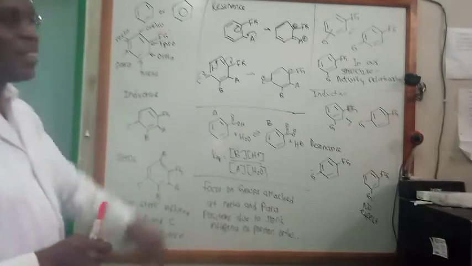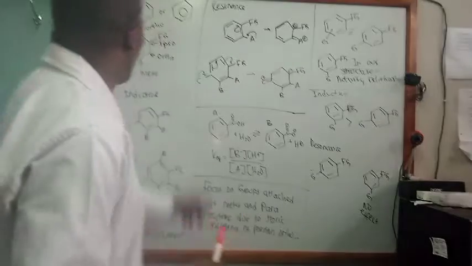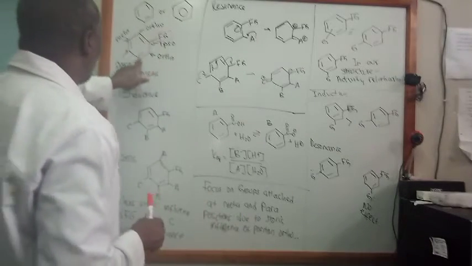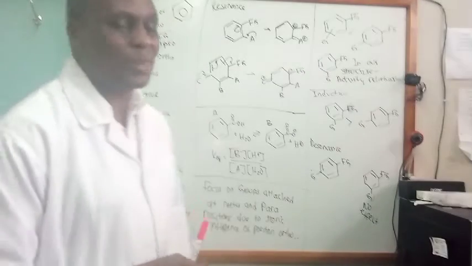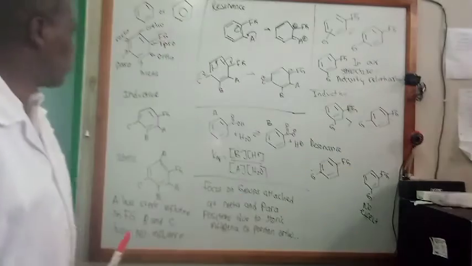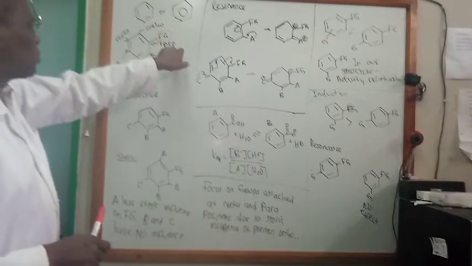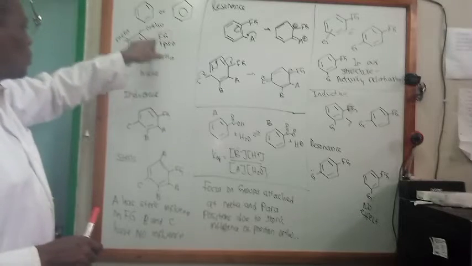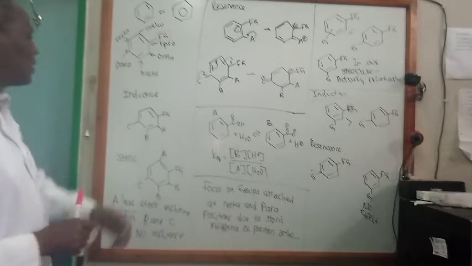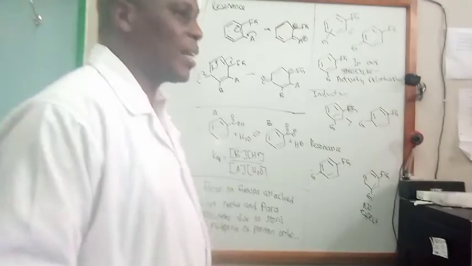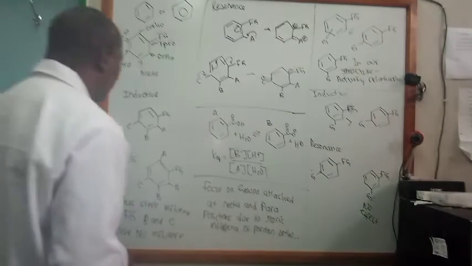And then there is one para position, which is four carbon atoms away: one, two, three, four carbon atoms away from the functional group. So the carbon bearing the functional group is called ipso. There are two ortho positions, two meta positions, and then one para position.